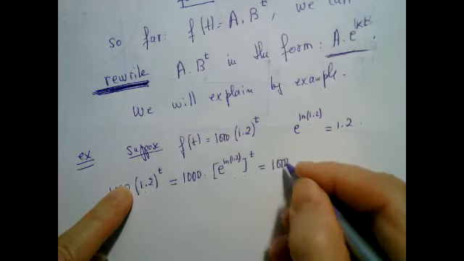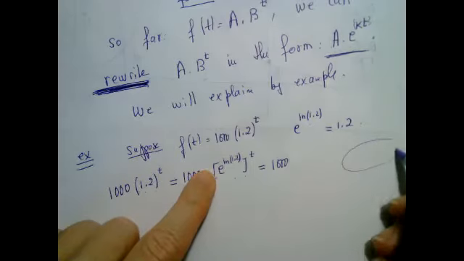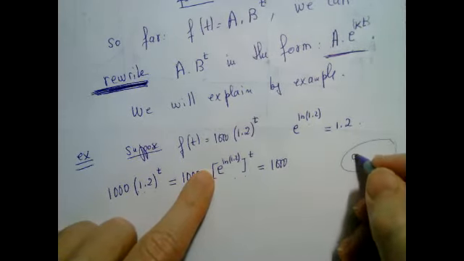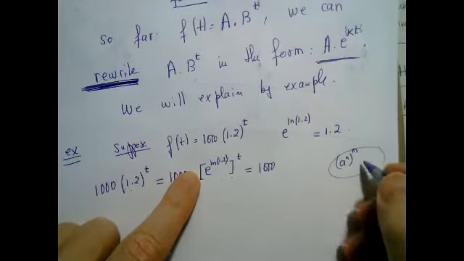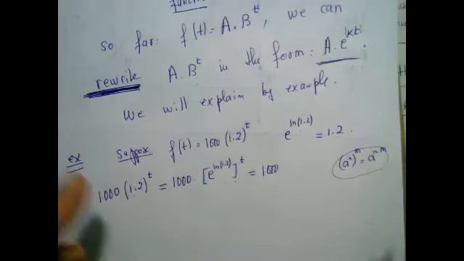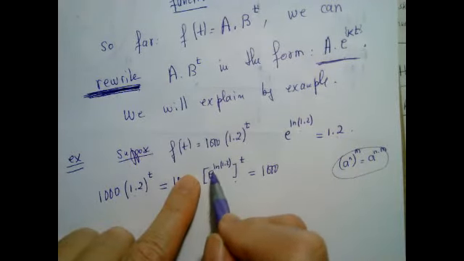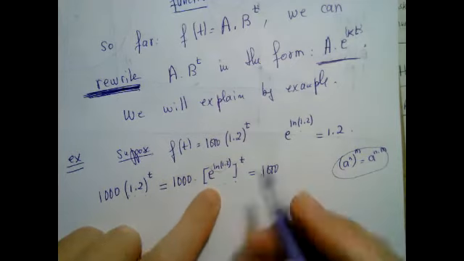Now I'm going to use a property of exponents, which is the following. One property of exponents is that if you have a to the n, to the power m, you multiply the powers. So I'm going to use this. I have e, which is just a number, to this power, the whole thing to the power t.